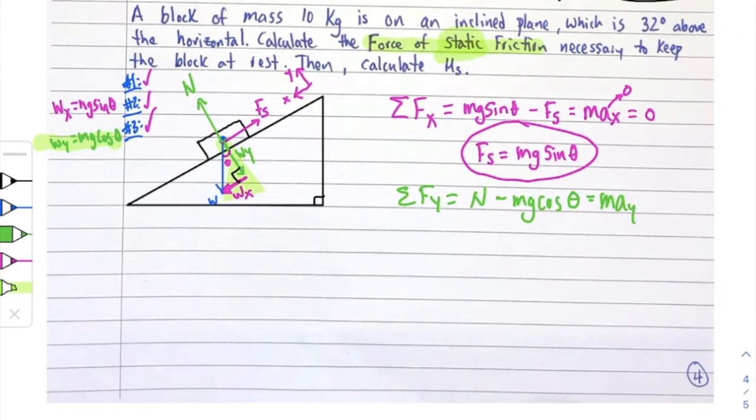And again, this block's stationary, it's at rest, so I'll set equal to 0 because the acceleration is equal to 0, which means that N is equal to mg cosine of theta. So there's another little equation that we have for this block.